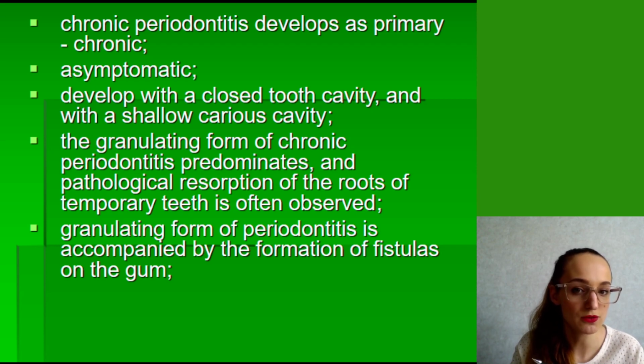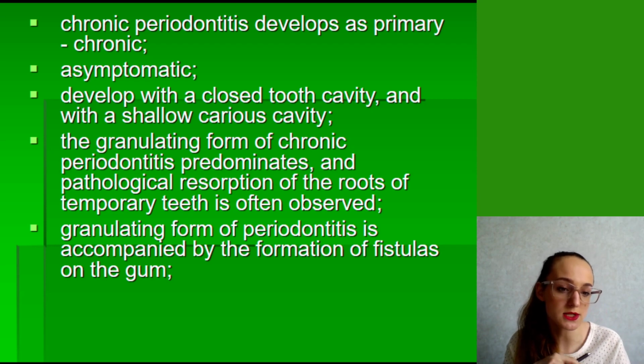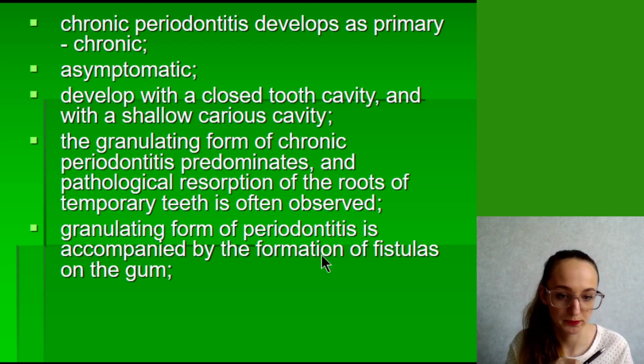The granulation form of chronic periodontitis predominates, and pathological resorption of the root of temporary teeth is often observed. The granulating form of periodontitis is accompanied by the formation of fistulas of the gum.